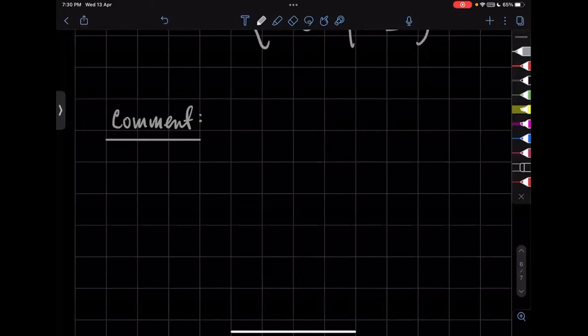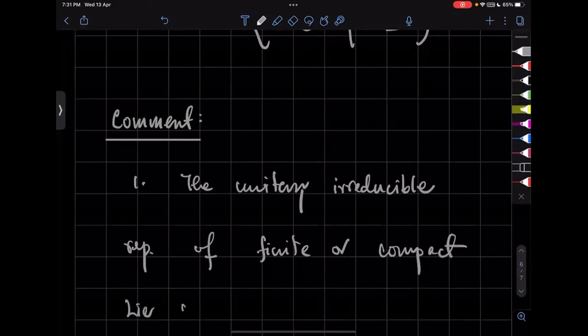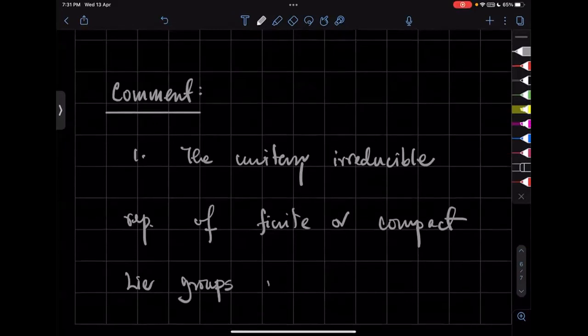So, comment number 1 is that the unitary irreducible representations of finite or compact abelian Lie groups are one-dimensional.